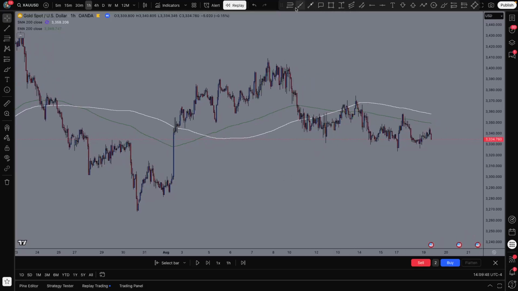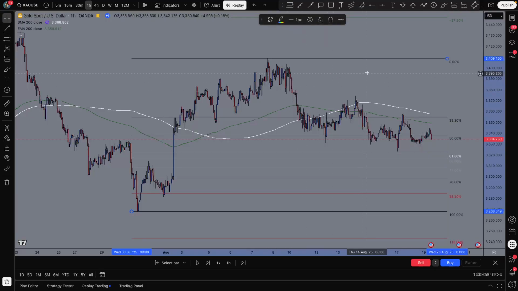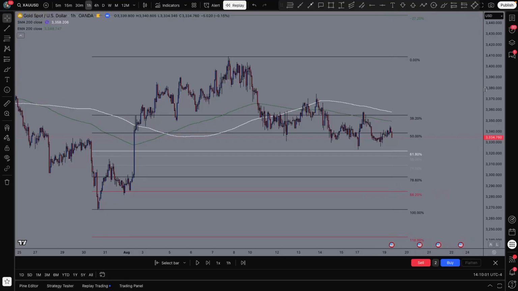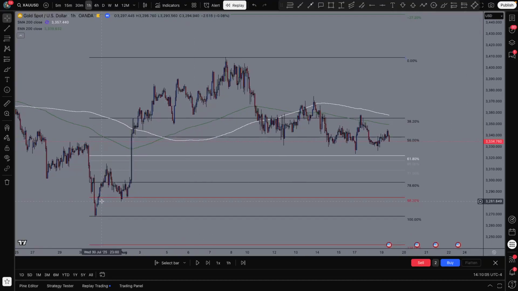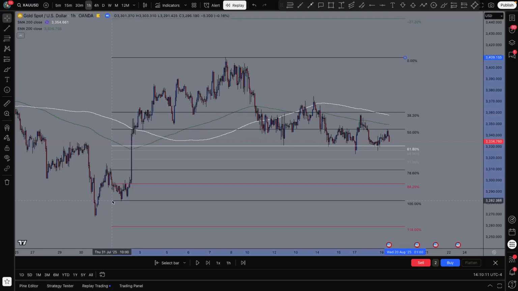So we can draw our fibs either from that low. So this one like that. I just have to switch the settings. So this one, but it's not clear whether we are reacting from this fib or this one.